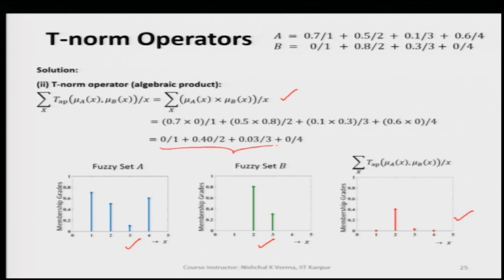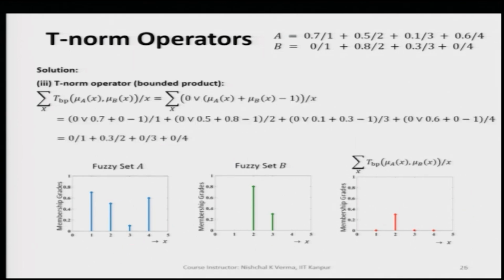Now the next is, for the same fuzzy sets, the bounded product. When we apply this formula for the T norm as the bounded product, we are going to get this as the outcome: 0 by 1 plus 0.3 by 2 plus 0 by 3 plus 0 by 4. So, we can clearly see that we are getting only one membership value out of many.